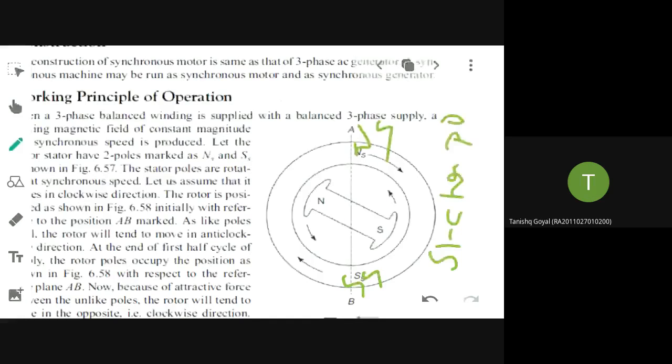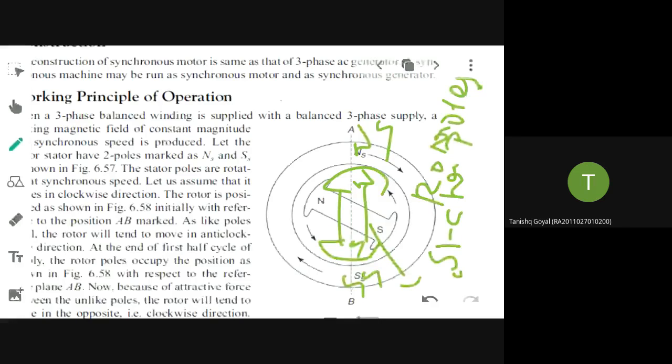This is your rotor. Now, the rotor is like this. Here it is north, here it is south. So what will happen at this point? The working principle for a motor is electrical energy to mechanical.